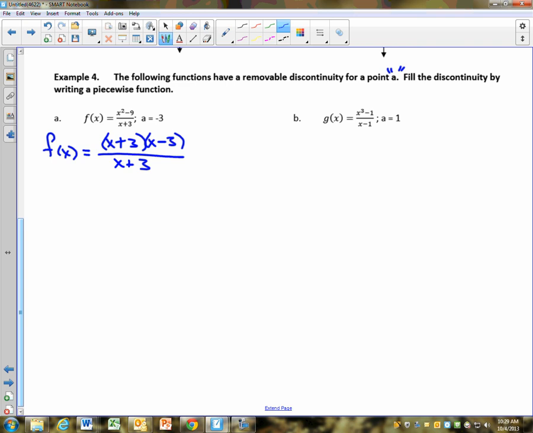Oh, x plus 3. What cancels? The x plus 3's. So this function wants to look like x minus 3.